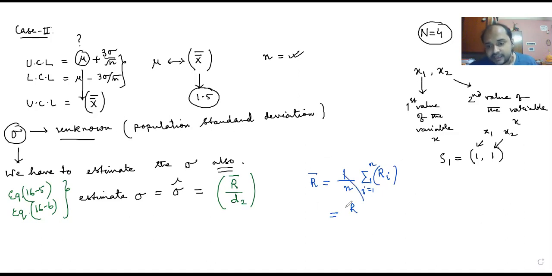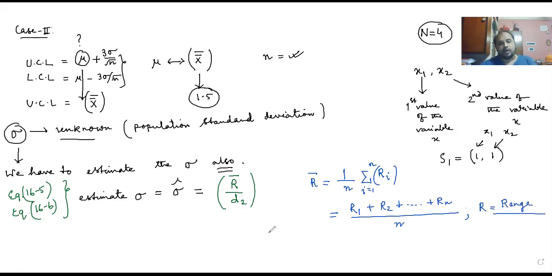If we write it explicitly, it means R1 plus R2 plus dot dot dot plus Rn, divided by small n. What is R? R is called range. Now I am going to explain how to calculate the estimate of sigma with the help of these formulas.